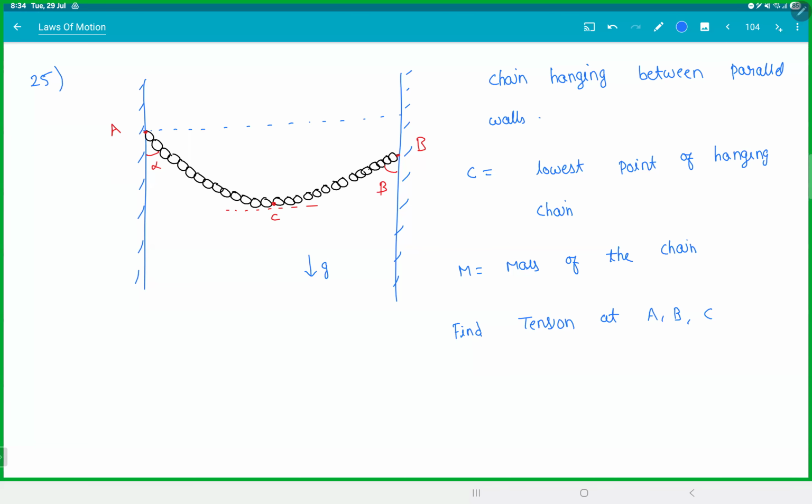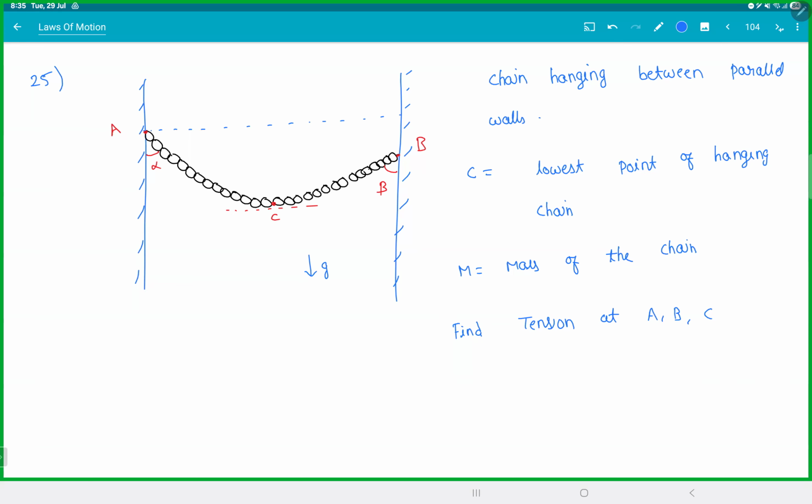Start with the free body diagram. Let's start with the free body diagram. Let me help you a bit.